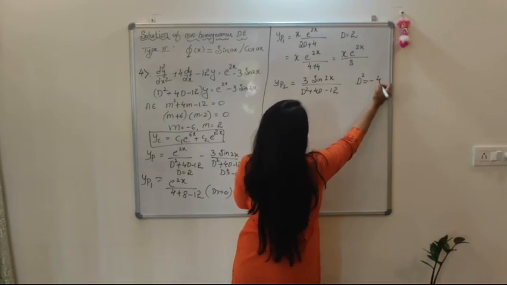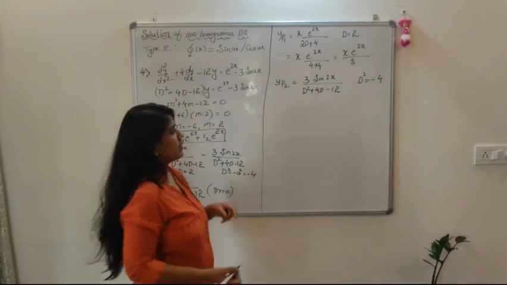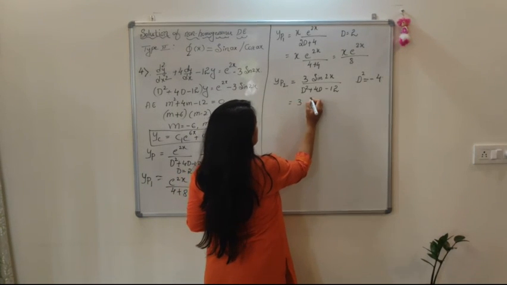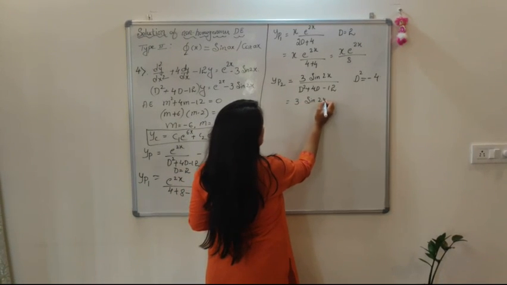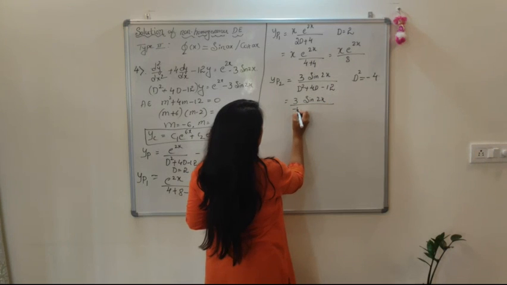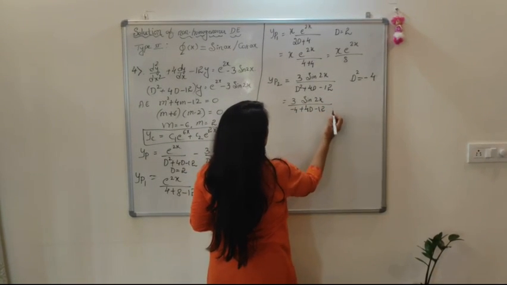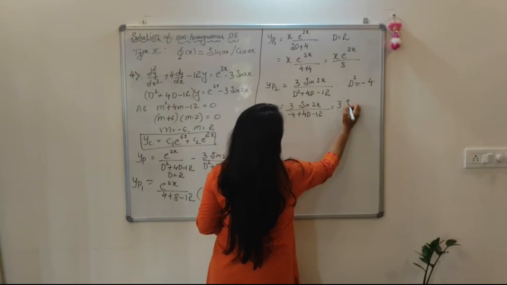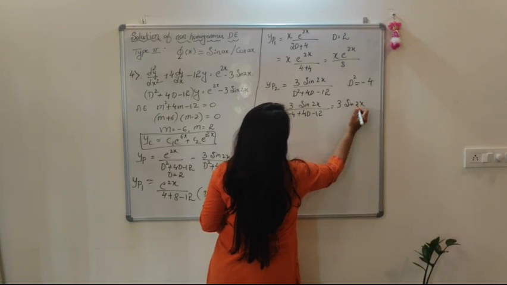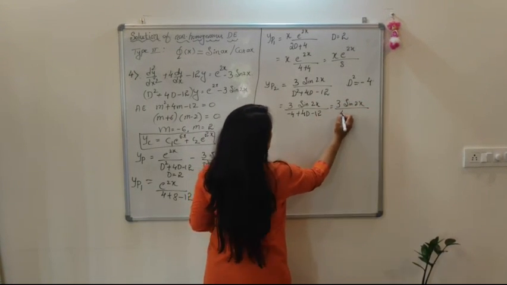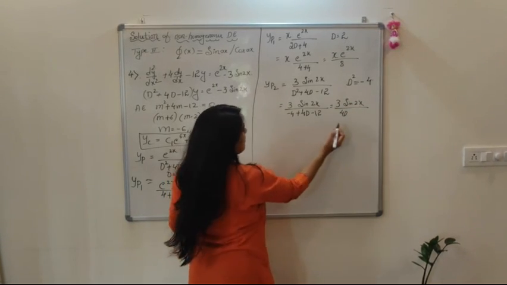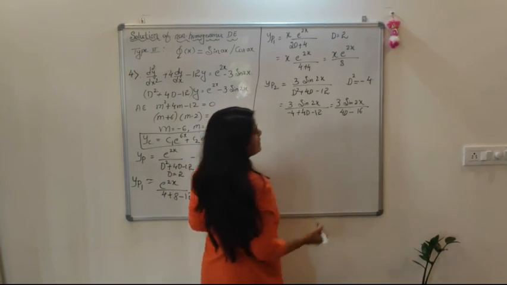A is 2, 2 twos are 4, so d square is replaced by minus 4. So 3 sin 2x divided by minus 4 plus 4d minus 12, which is 3 sin 2x divided by 4d minus 12 minus 4, that is minus 16.